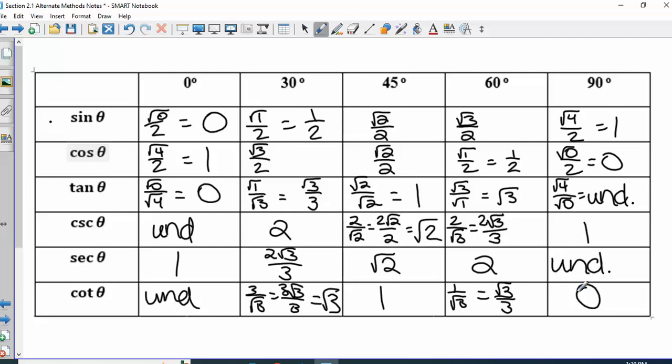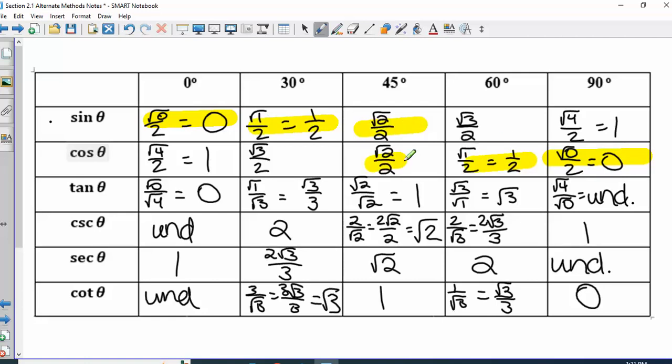Okay. So here's some quick things to check yourself. Remember yesterday we talked about cofunctions, right? And I said that cofunctions are equal when their angles are complementary. So that means the sine of 0 should be the same as the cosine of 90. Sine of 30 equals cosine of 60.